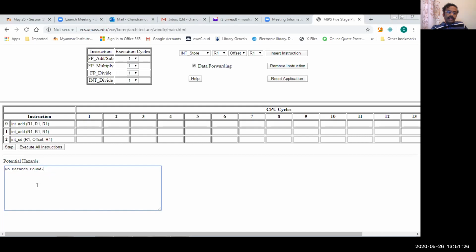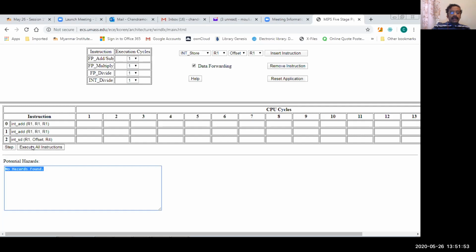If you have noticed it, you might have given the right answer. It says no hazards found. That means there is no data hazard for this set of instructions with data forwarding enabled. So the answer is already out.